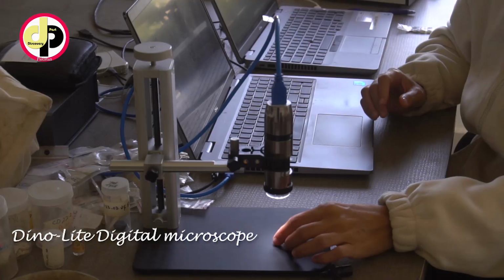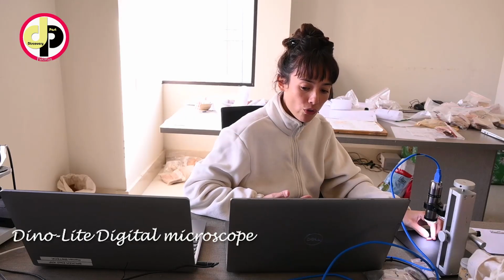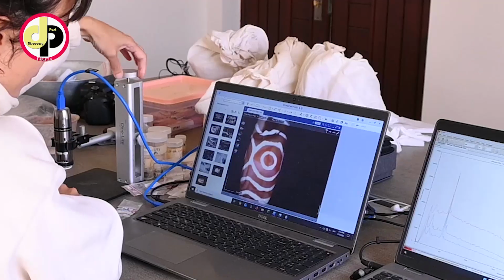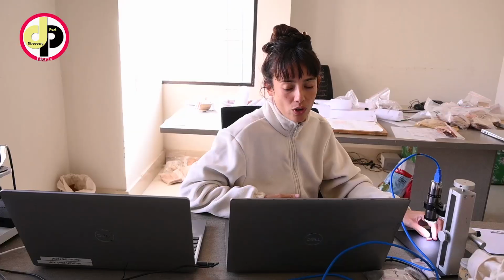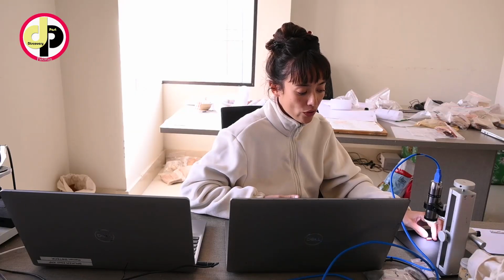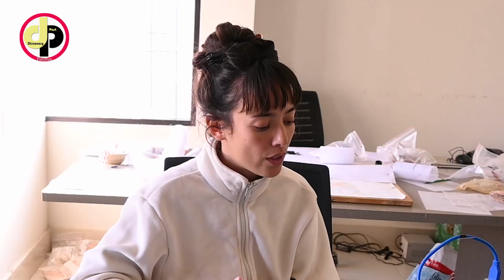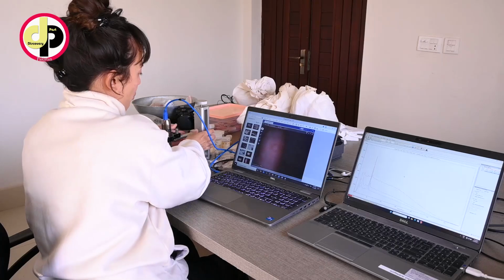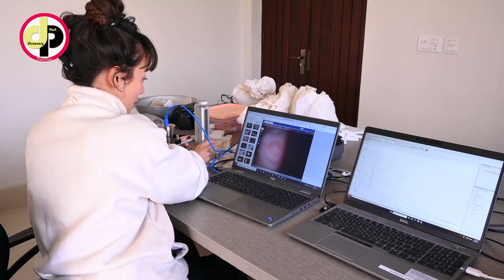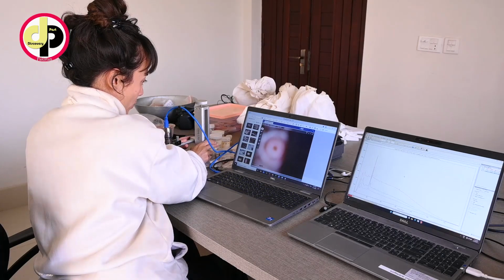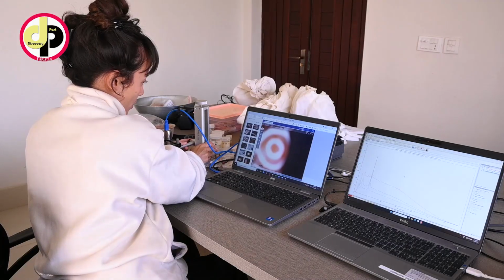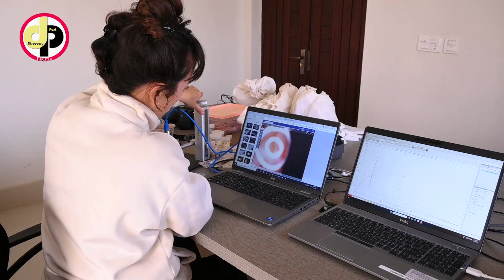So it's important for me to get those first pictures, to have an idea of how the surface of the material is, and then maybe have a strategy to analyze the material with other instruments. So I'm just taking some pictures at different magnifications to see the details of this bead, for example.